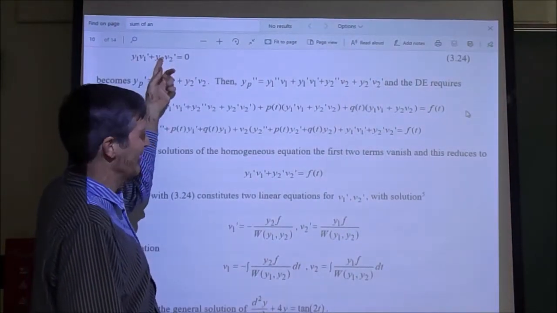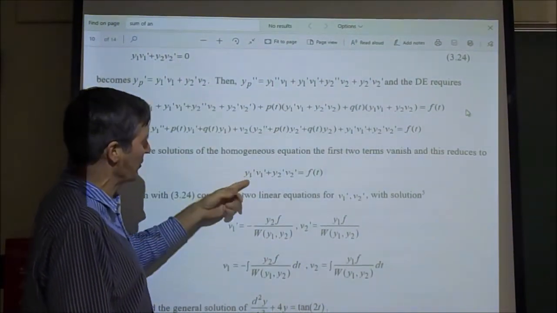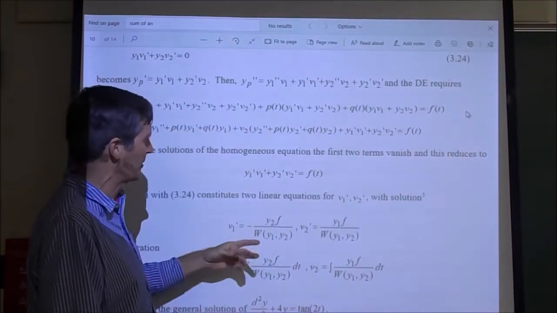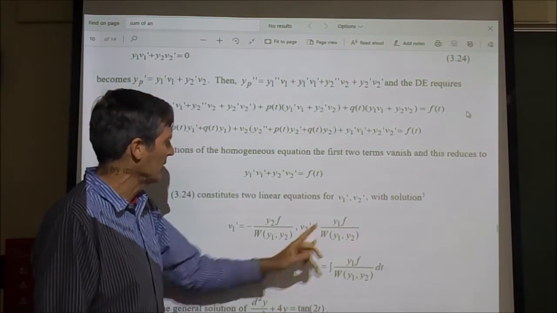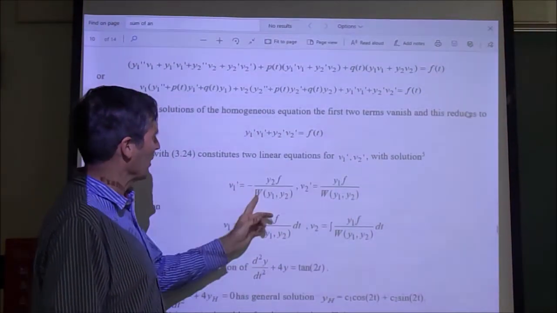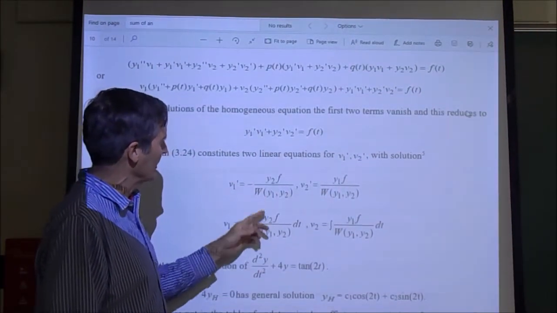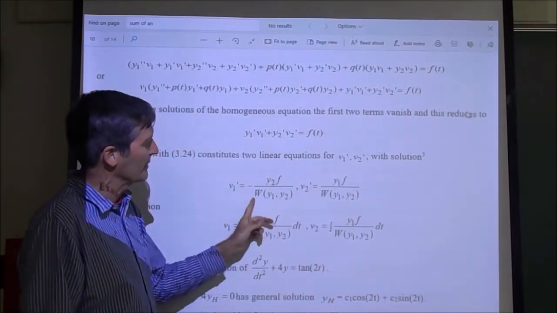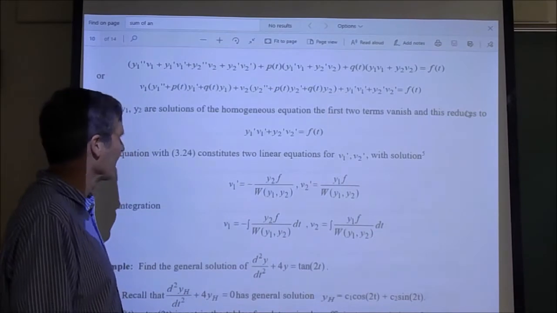It's messy, so I don't want to do that. Let's just say Cramer's rule, but you can always solve these two linear equations with two unknowns. This is elementary linear algebra. You get these two solutions, where W1 and W2 are determinants related to the Wronskian. Recall the Wronskian is y1 y2 prime minus y1 prime y2.